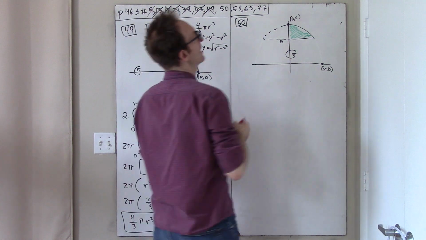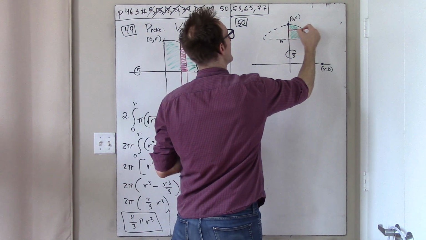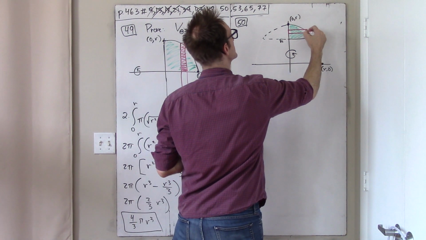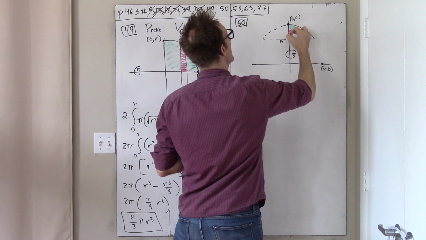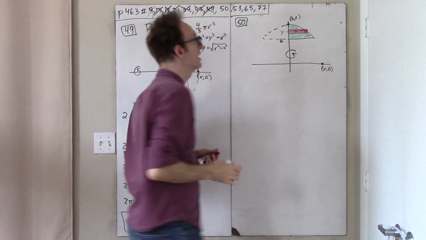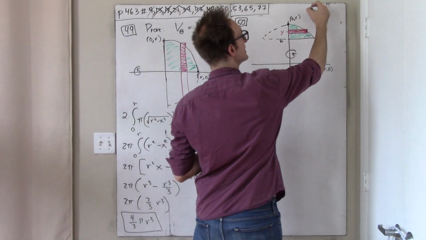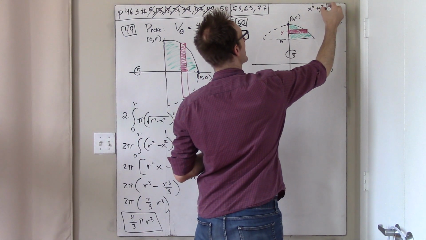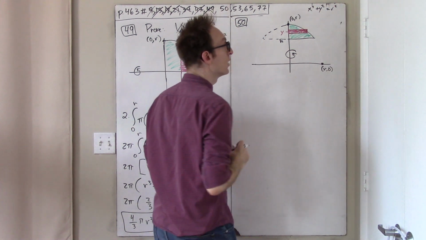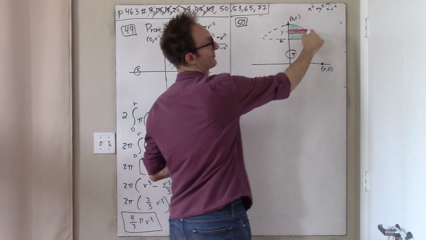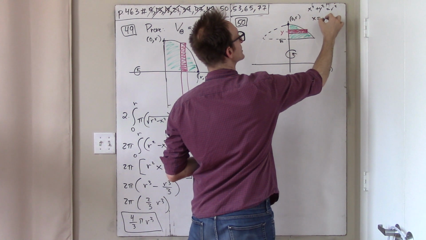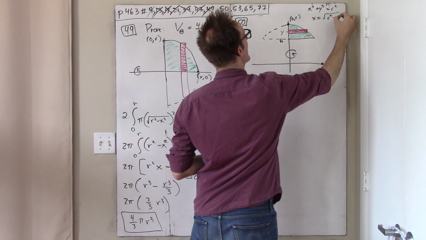So I draw my representative rectangle, and here it is, and that's an arbitrary y value, and now I have the equation of this circle, which is x squared plus y squared equals r squared. So what's the x coordinate of this thing? It's x equals root r squared minus y squared.